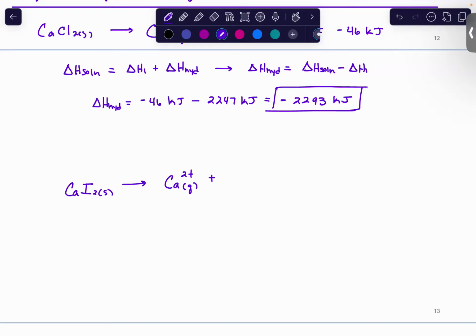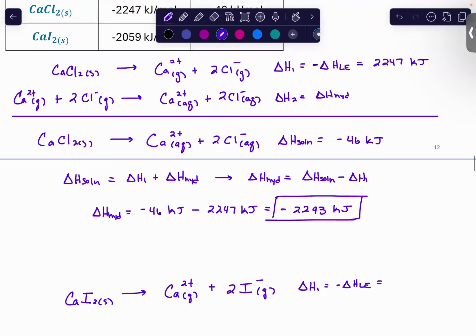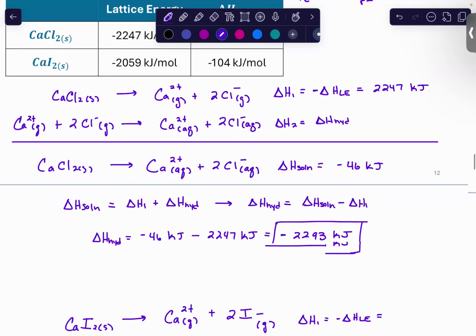It's ionic, so I don't use the di prefix. What about, why don't I call it calcium 2? Well, yeah, it's not a variable charge ion. So calcium is a common charge ion. Let's see. So we just need the negative of our lattice energy, which is 2059.